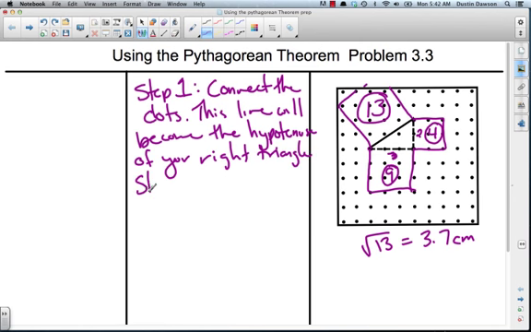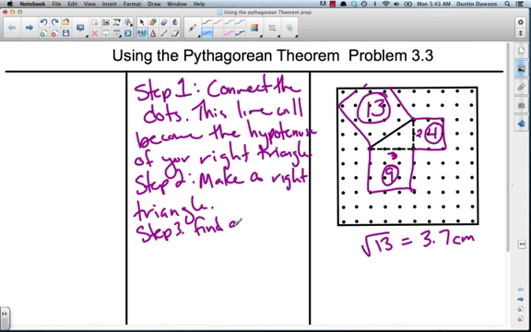Okay, so then step 2 is going to be to make the right triangle. And then step 3, find the areas of the leg squares. Step 4, we're going to add those two areas together to make our hypotenuse square area.